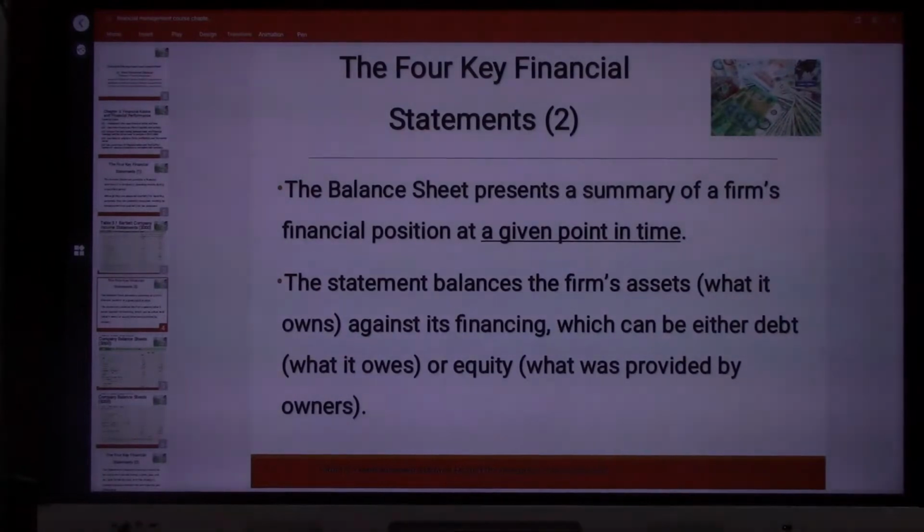The total assets of the firm exist on the left-hand side of this balance sheet, which reflects the assets that the firm owns, against the right-hand side, which reflects the financing concept that could be done by either using debt or using equity. At every point in time, your total assets must equal total liabilities plus owners' equity.